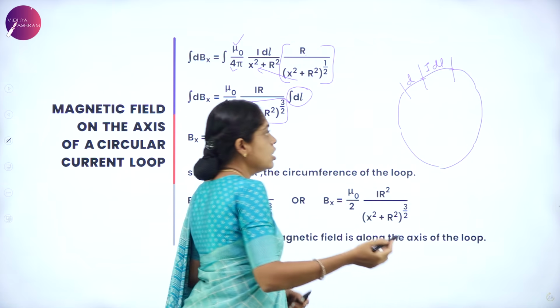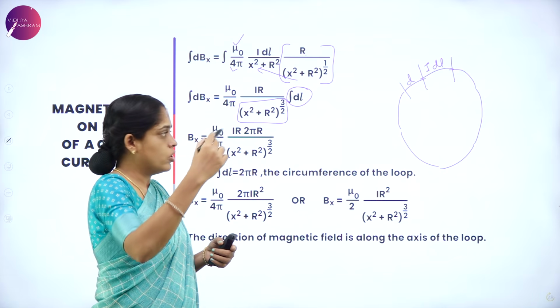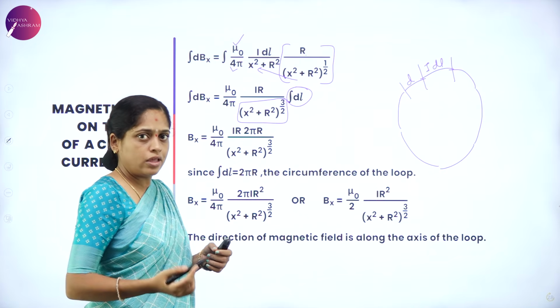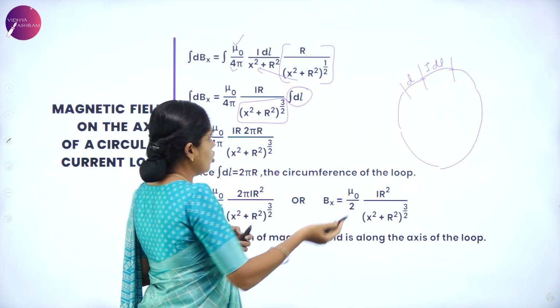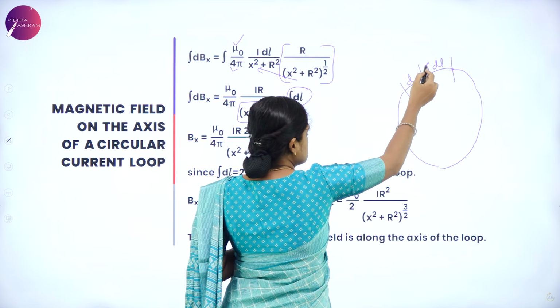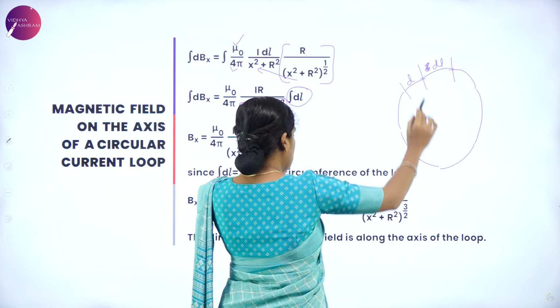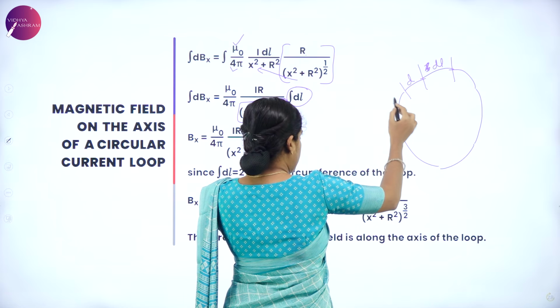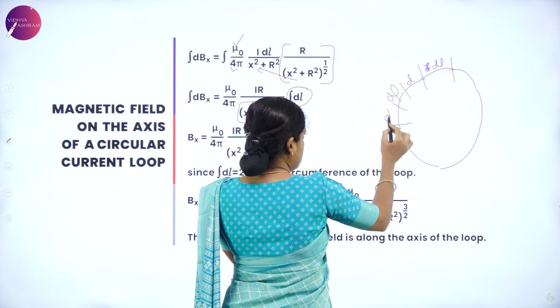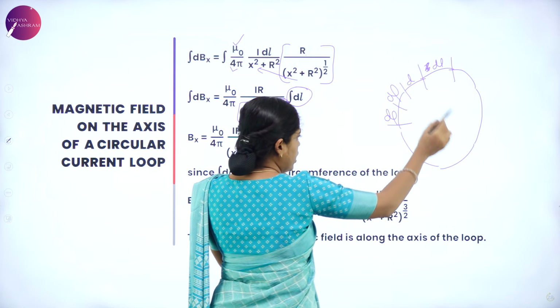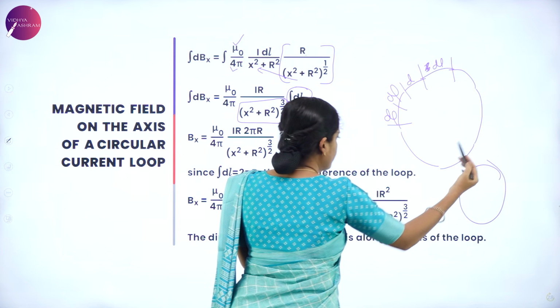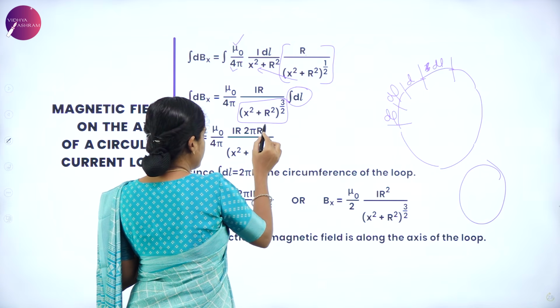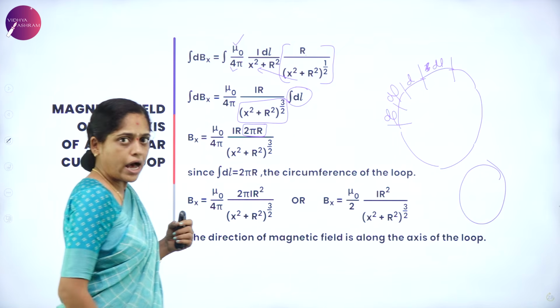By adding all the current elements, you get the circular loop due to which you are finding the magnetic field. So, by adding all dl, you get the circumference of the circle. The circumference of the circle is 2 pi r.